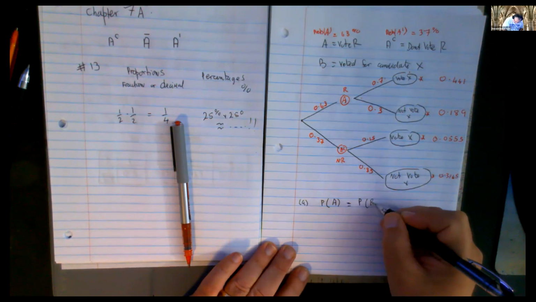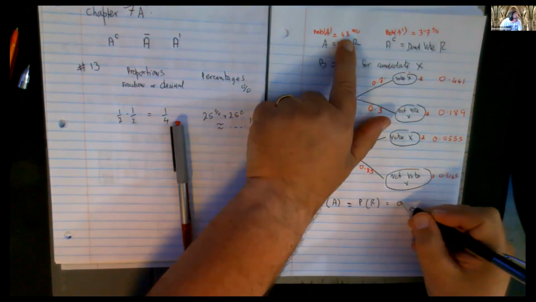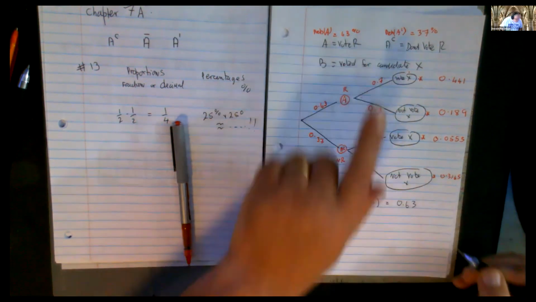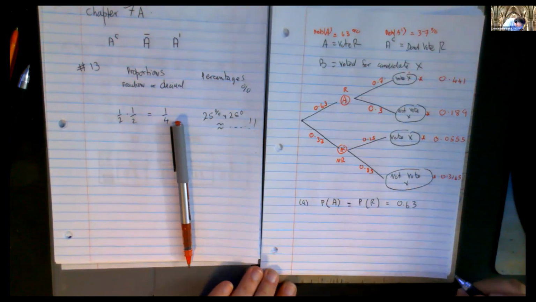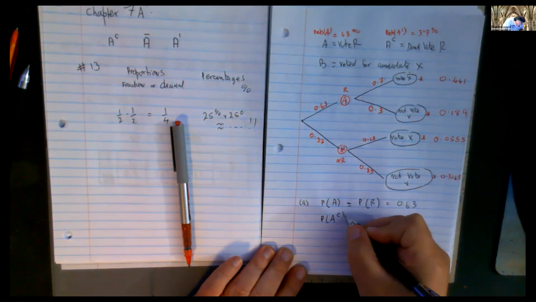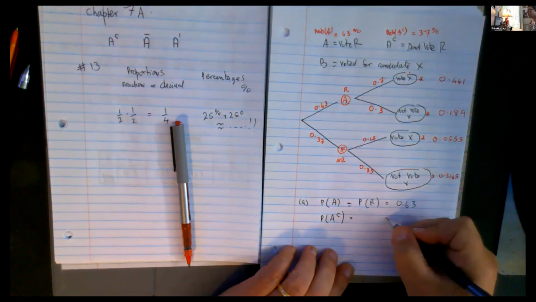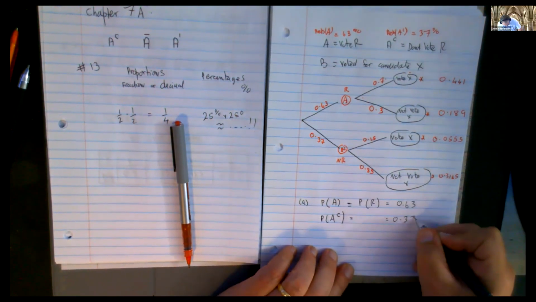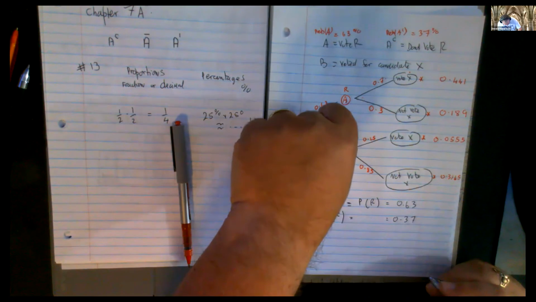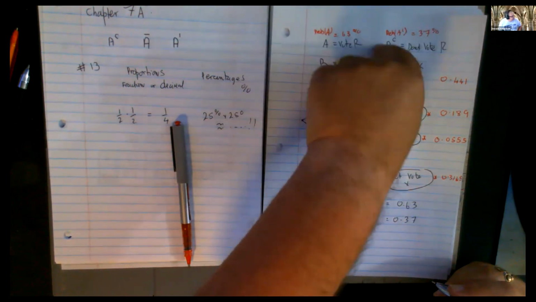You voted Republican. And the answer to that was simply just 63%. Now, what's the probability of the complement of A? That's going to be that 37, right? 37. Correct. Now, I guess I could have got the first answer from there and the second answer from there, or I could have just got it from up here if I wanted to.